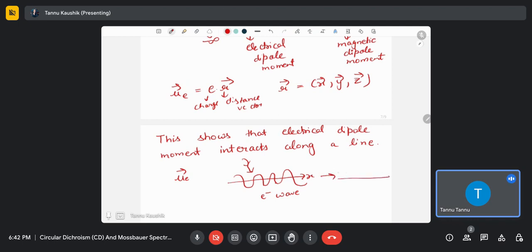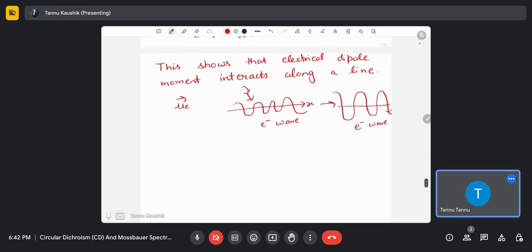The resultant light will be an increase in the amplitude of this electron wave, which we call that its oscillatory strength has increased.